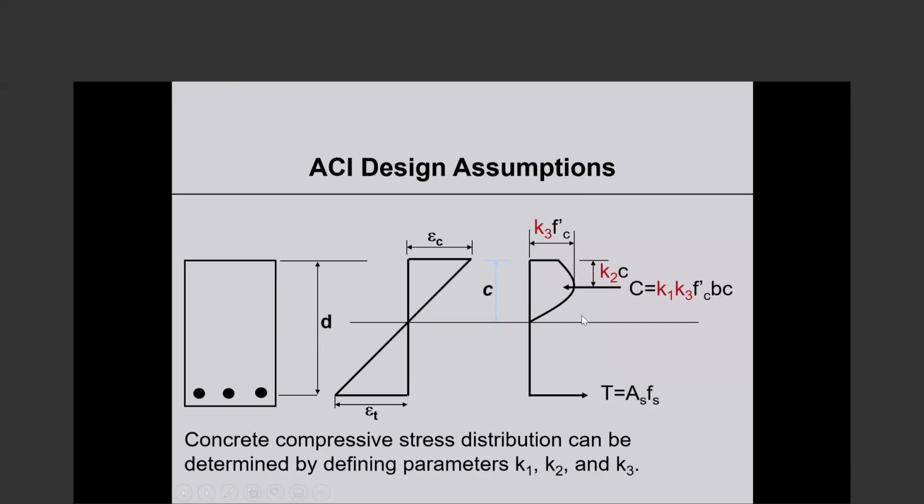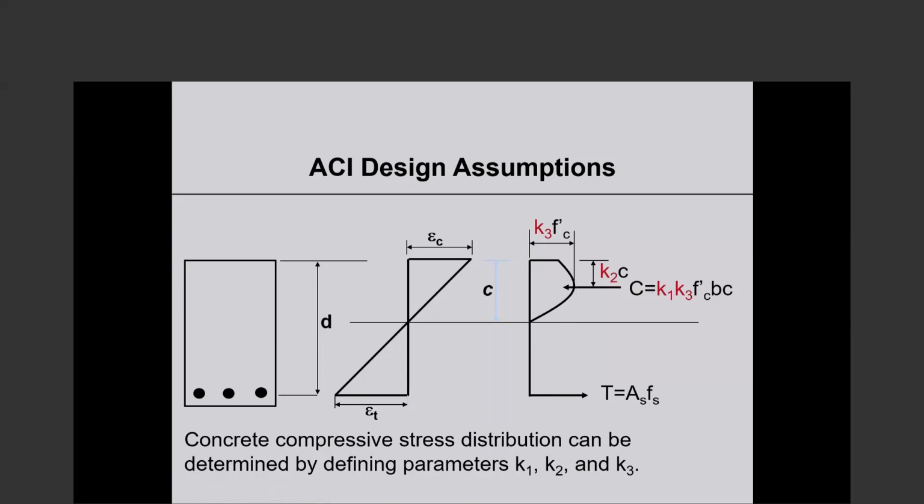What we can think is that this can be translated into a uniform stress distribution over the compression zone, where the uniform stress is k1 times this k3 f'c. Okay, so the peak value of the stress is k3 f'c.